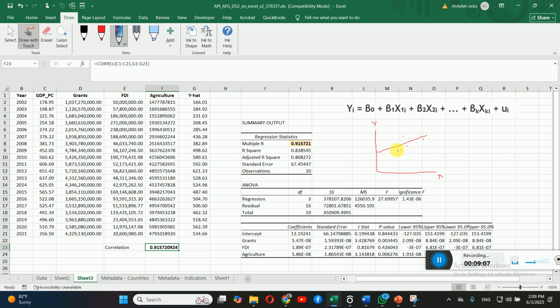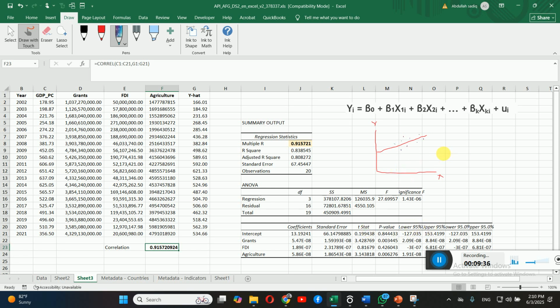The same idea and concept is given by the multiple R, students. If the multiple R value is getting closer to +1, then you can guess that there is a positive relationship between the actual and the predicted values. And we have practically found, this is the column for the actual value and this is the predicted value, that the correlation is 0.915, dear students.